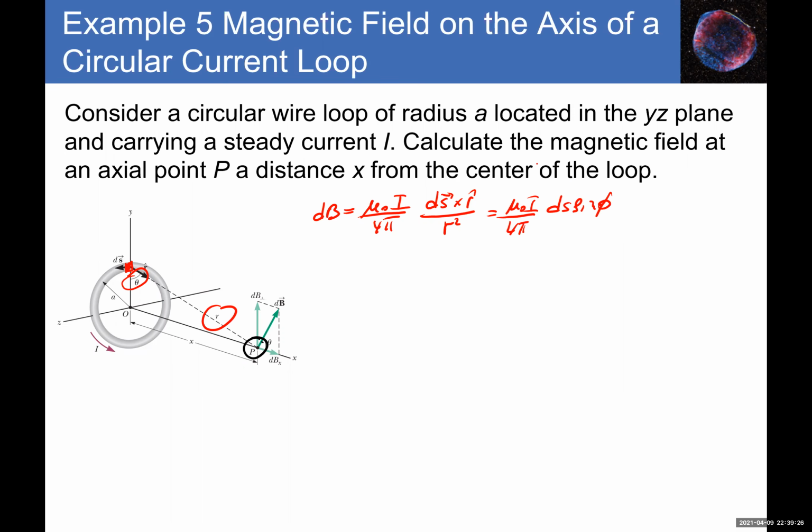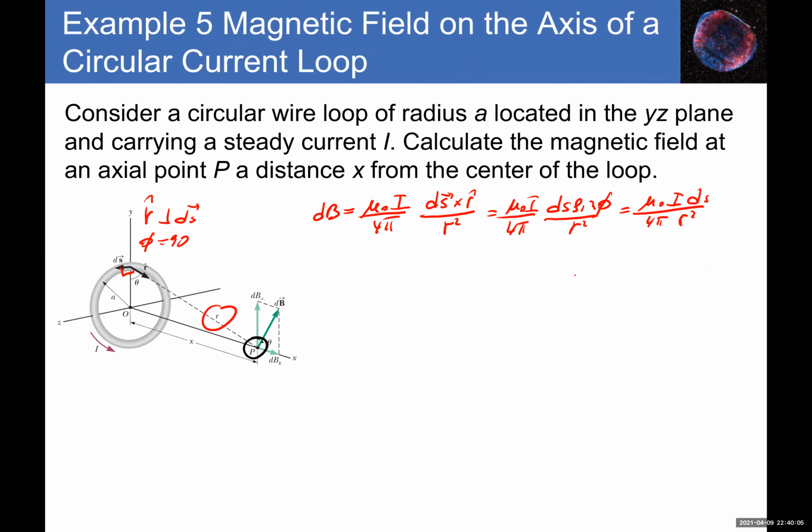Phi is the angle that ds and r hat make relative to one another. But as I go around the loop, those two are always perpendicular, so r hat is perpendicular to ds, and phi is always 90 degrees. That means this equation becomes mu naught I ds over 4 pi r squared. Okay, so that's my equation for dB, the magnitude of the magnetic field at that point P.